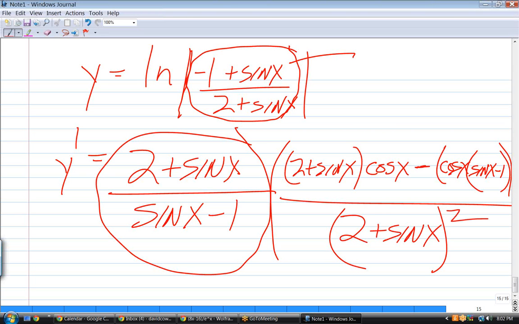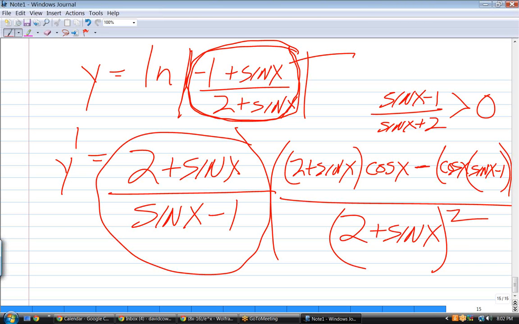So there's your answer, but the qualification now becomes: it's equal to that whenever your argument is greater than 0. In other words, that's only true when this whole argument, sine x minus 1 over sine x plus 2, is greater than 0.